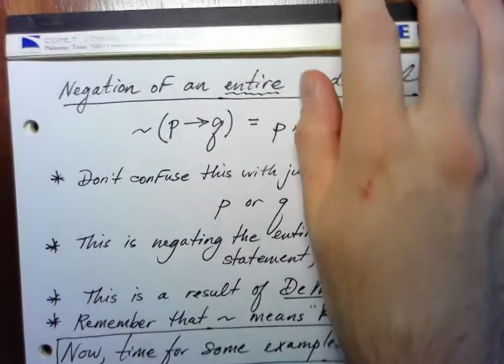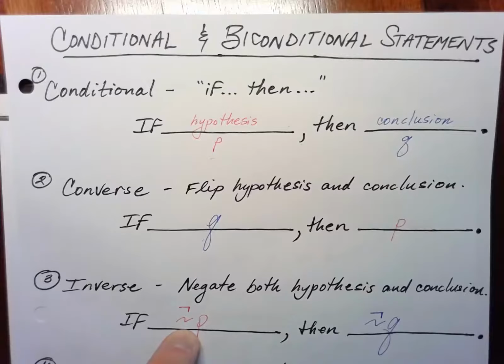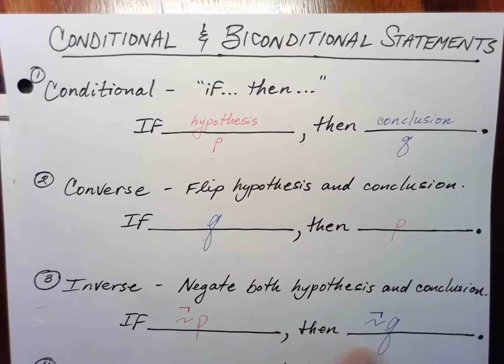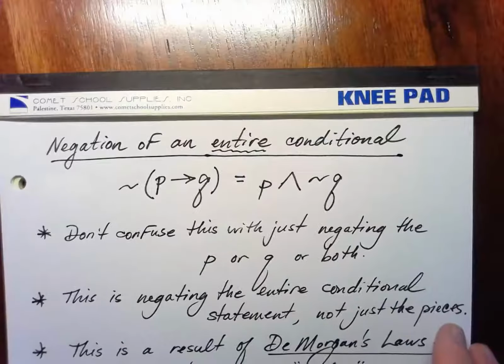Now, I want to talk about the negation of an entire conditional. So here we were negating the hypothesis or negating the conclusion, and you can negate one or both. You don't have to do both, you can do just one, but you can also negate the entire statement.